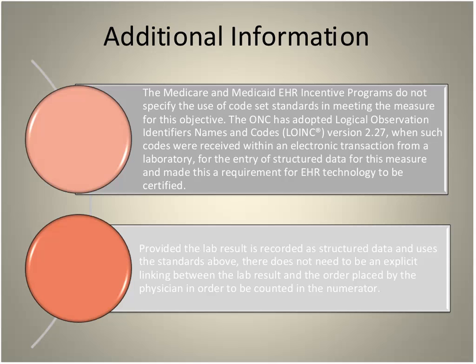So there are two components you sometimes have to look at to understand the total requirement set, including objective, measure, and any standards that are recommended or required: the final rule on objectives, and then the final rule on implementation standards and certification criteria that the Office of the National Coordinator published.